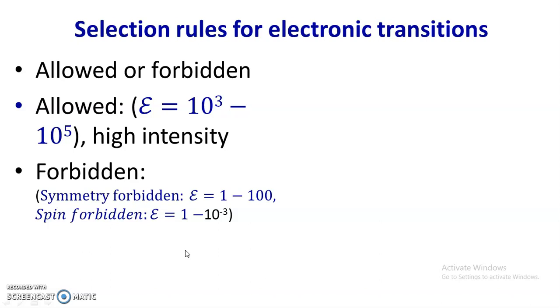For forbidden transitions, the molar extinction coefficient values range from 1 to 100, especially for symmetry forbidden transitions, and for spin forbidden transitions this value is 10⁻³ to 1. So this is about the allowed and forbidden transitions. Some transitions are allowed, some are forbidden, and allowed transitions have high intensity and forbidden transitions have very weak intensity.